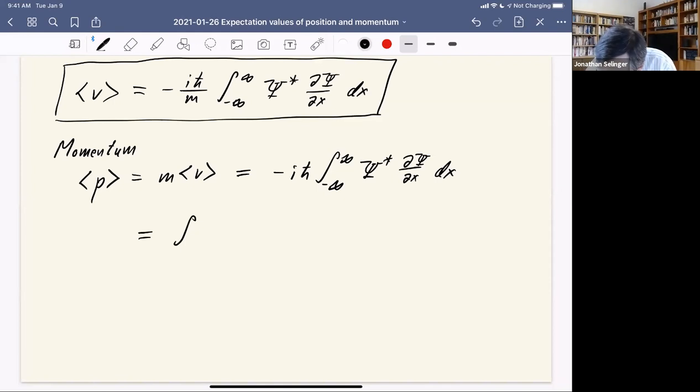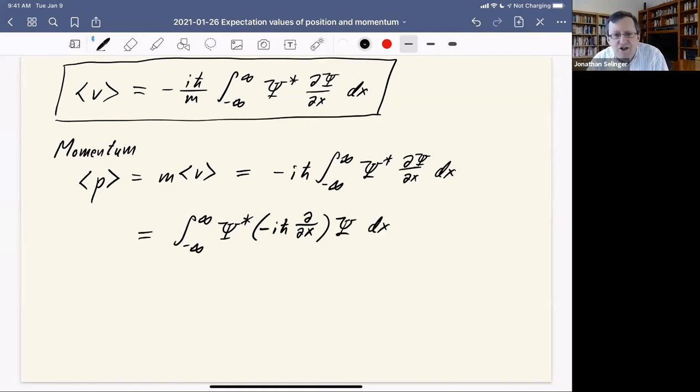So we have the integral from minus infinity to infinity of psi star times, let's put in here, minus i h bar, and here the derivative operator, d by dx, acting on psi.